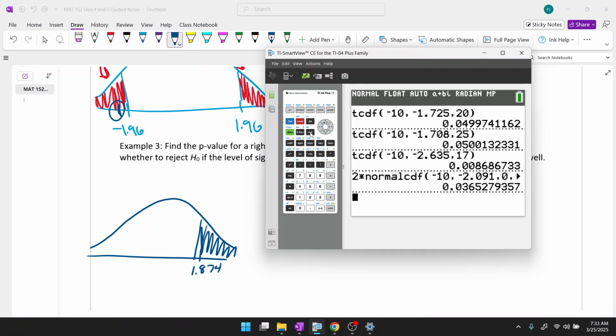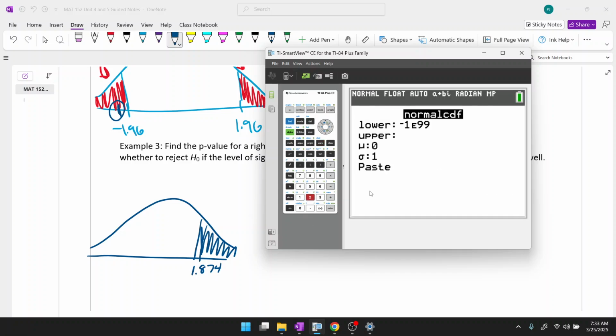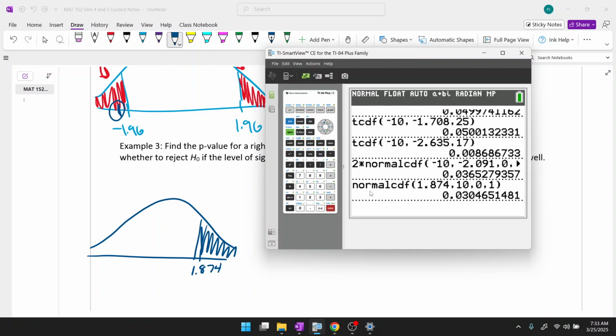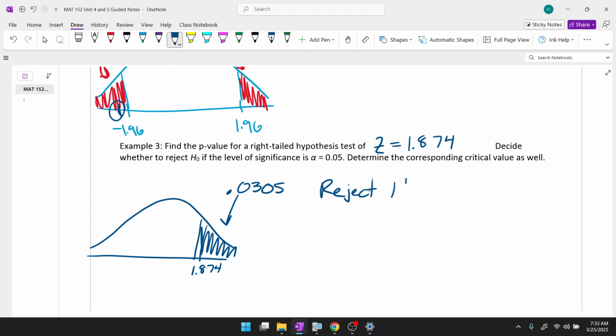So we'll normal CDF from 1.874 to 10. Since we're dealing with the standard normal distribution, the mean and standard deviation are going to be 0 and 1. And this is going to be 0.0305. So that area is going to be that. In that case, we would reject the null.